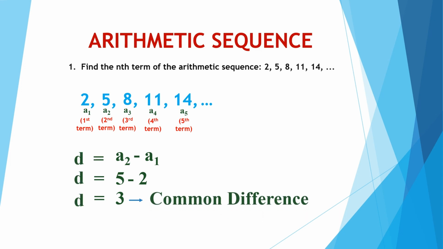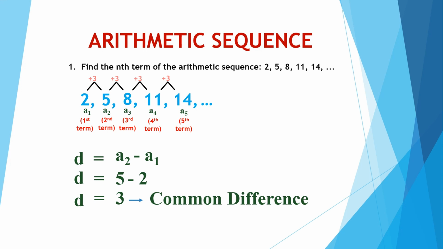So the value of the common difference 3 is added to a sub 1, which is 2, in order to get the value of a sub 2, which is 5. This pattern continues throughout the sequence, with each succeeding number getting an increment of 3. The determination of the common difference is not just limited to subtracting a sub 1 from a sub 2.